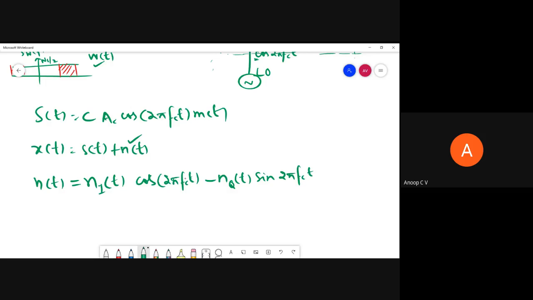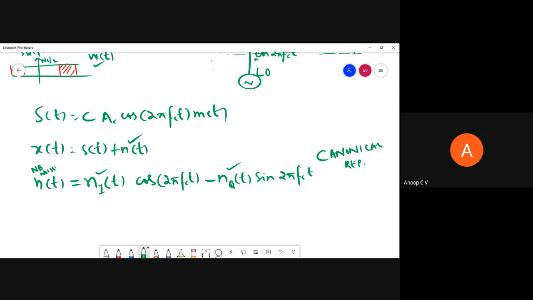So n I of t is the in phase signal and n q of t is the quadrature phase signal. This is called the canonical representation. n of t is a narrow band noise.